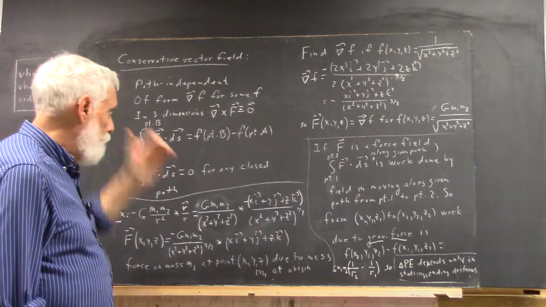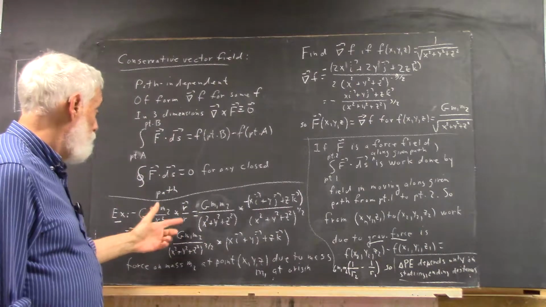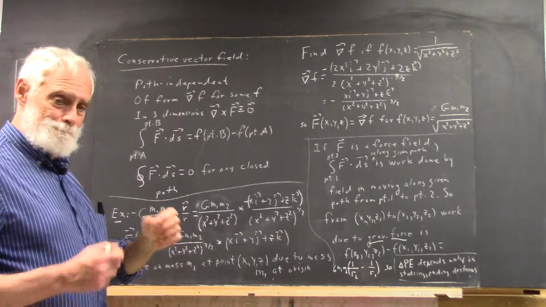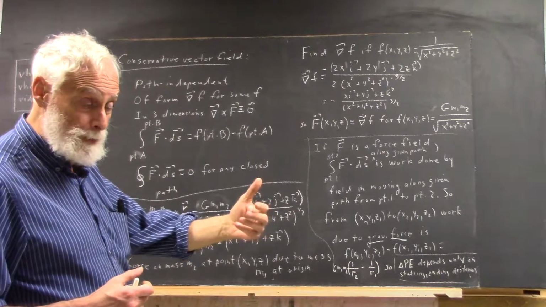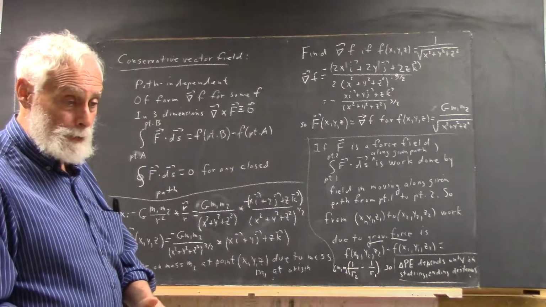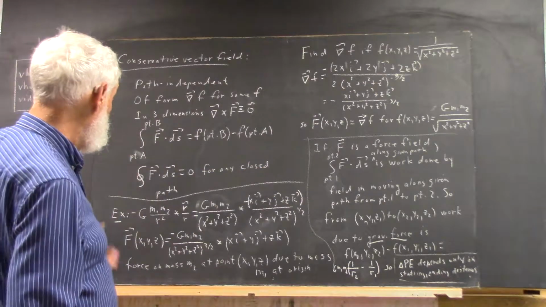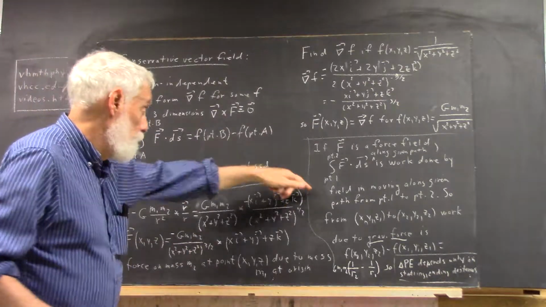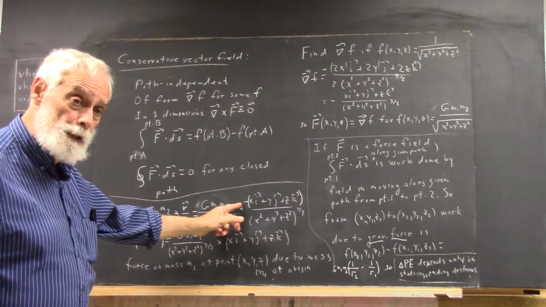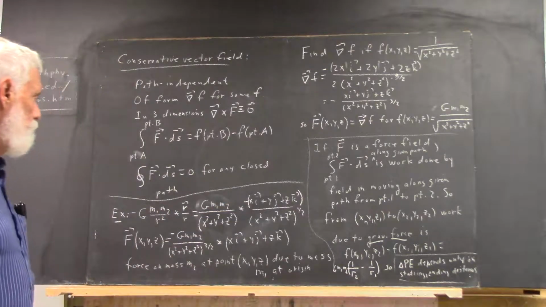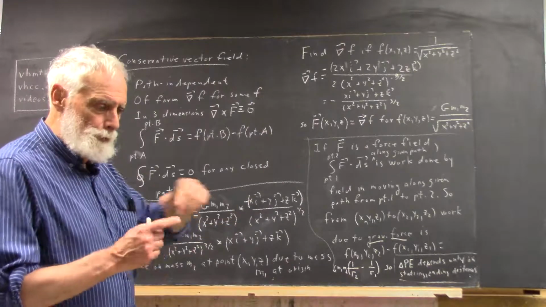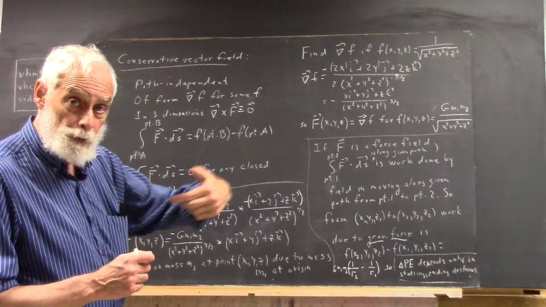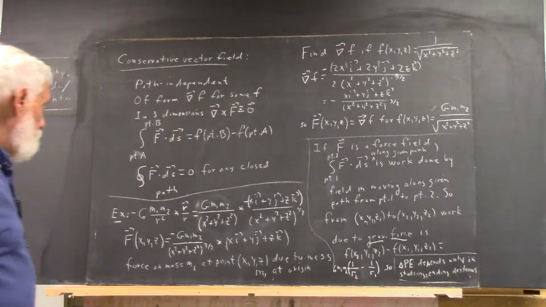Now, since the r vector is xi plus yj plus zk, the vector from the origin to the point x, y, z, it's equal to this. Where I put the negative sign here, and with this interpretation, this is equal and opposite to the vector from here to there, making this a force of attraction.